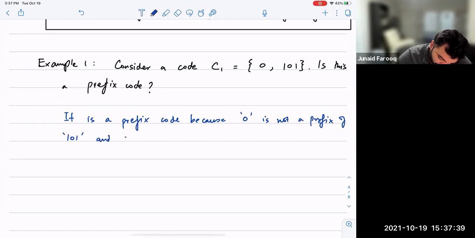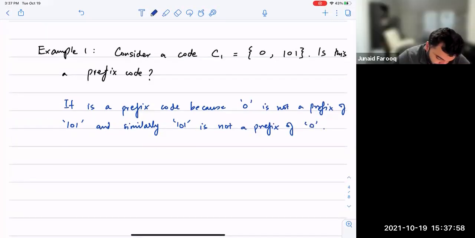And similarly, 101 is not a prefix of 0.